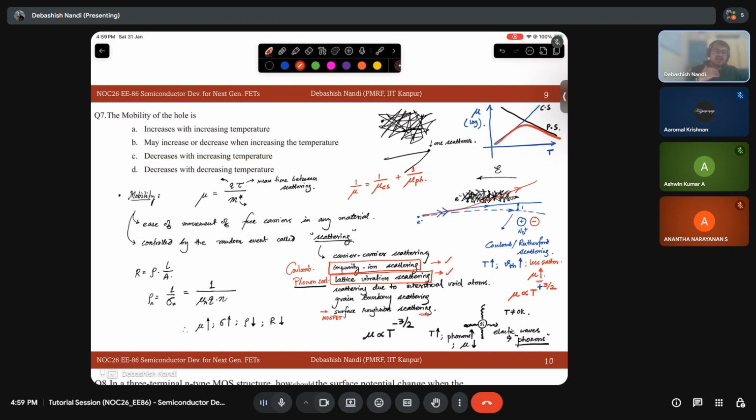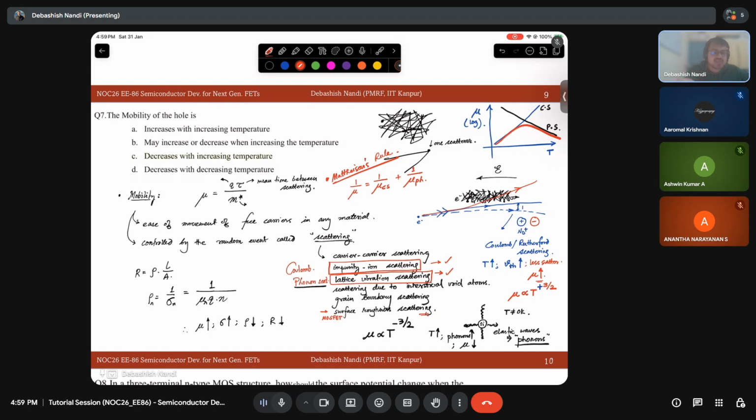The lower the line, it will dominate. Fine. So this rule is called Matthiessen's rule. Okay. So now if we ask you whether with temperature mobility increases or decreases, you are not able to answer.